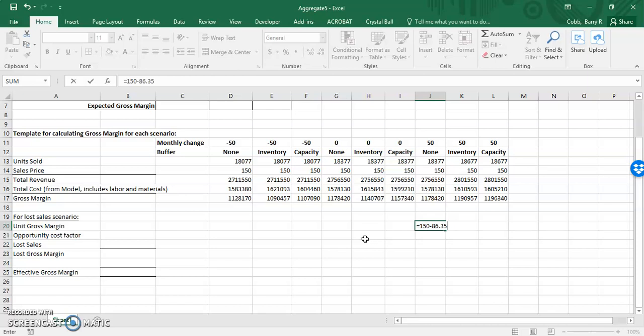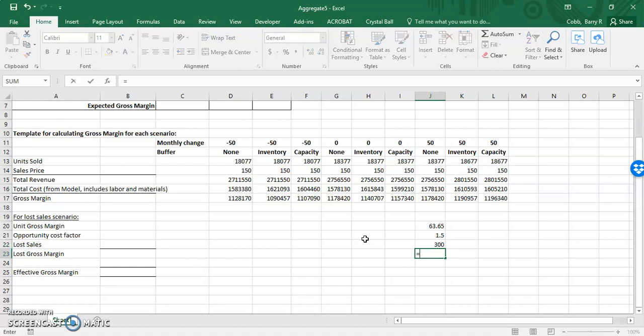We're considering here an opportunity cost factor of 1.5, which means that we're assuming that if we lose a sale, we lose another 1/2 of a sale later on because of the lost goodwill with customers. We would have total lost sales of 300 over the 6 months.